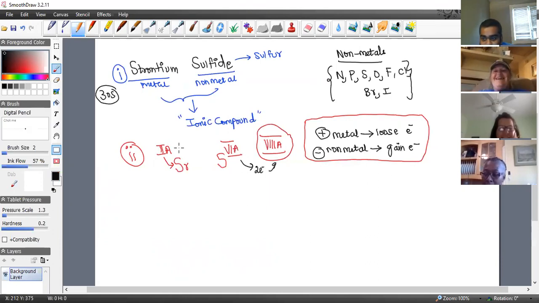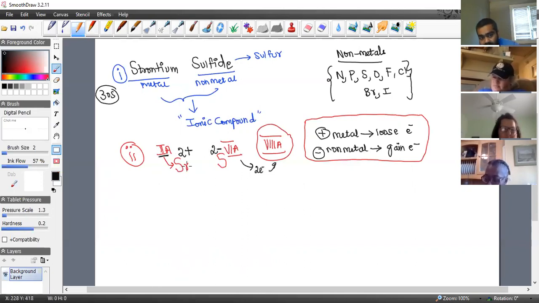So strontium has no bearing on what it's going to combine with. Strontium is 2A, so it can only lose 2 electrons, and because it's losing electrons, it gets a positive charge. Sulfur is 6A, so it gains 2 electrons and gets a negative charge.